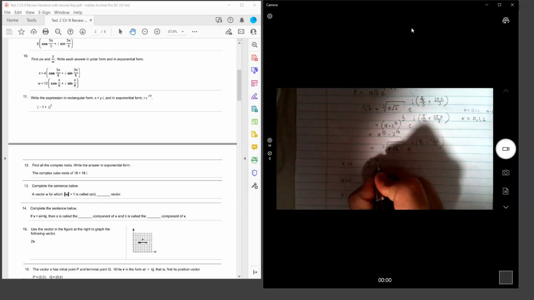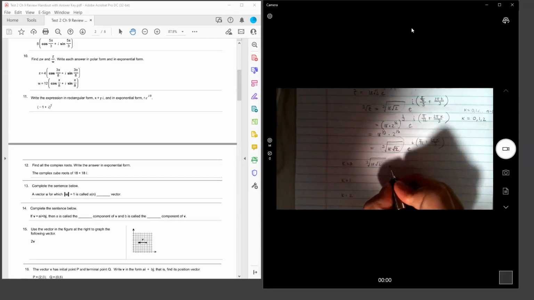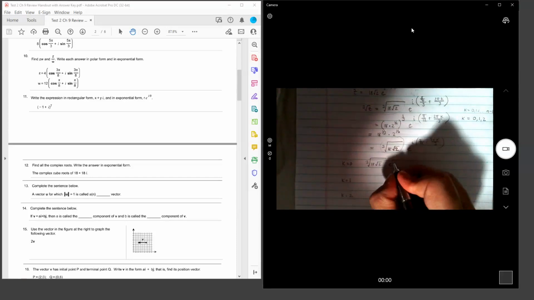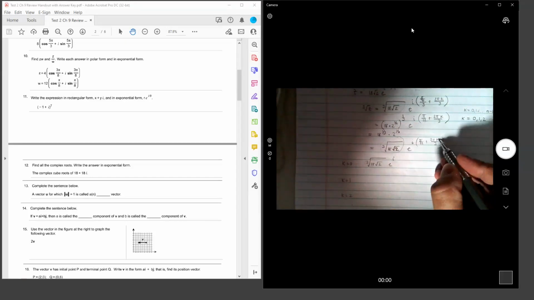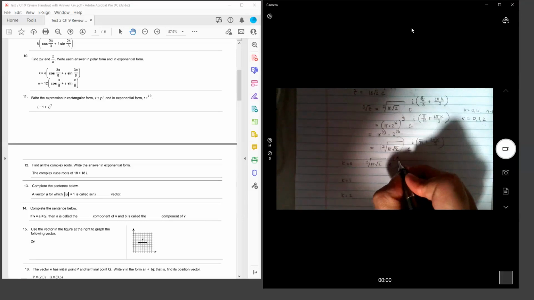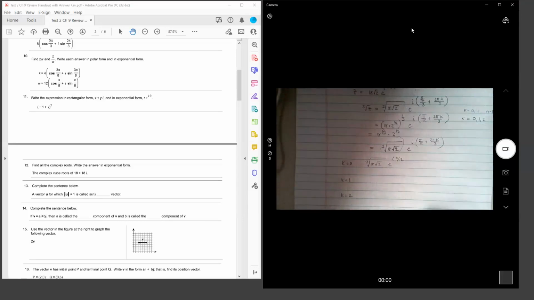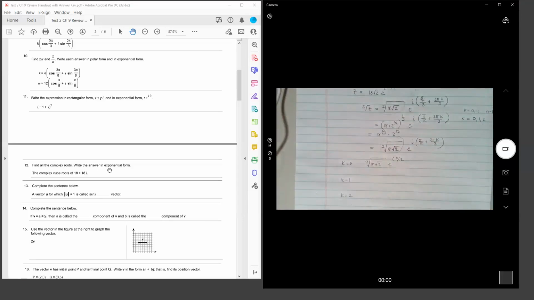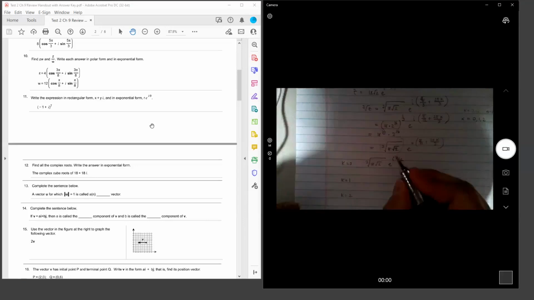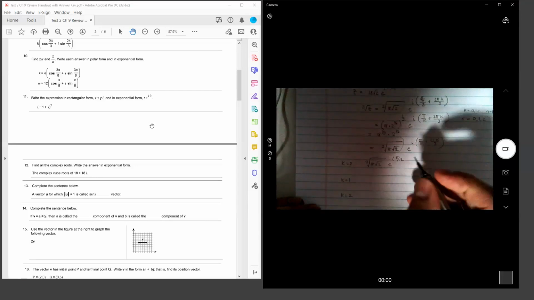The cube root of 18 times the square root of 2 e raised to, if k is equal to 0, this is just i pi over 12. And notice that the instructions are saying to just write those answers in exponential form. So this is good to go here.